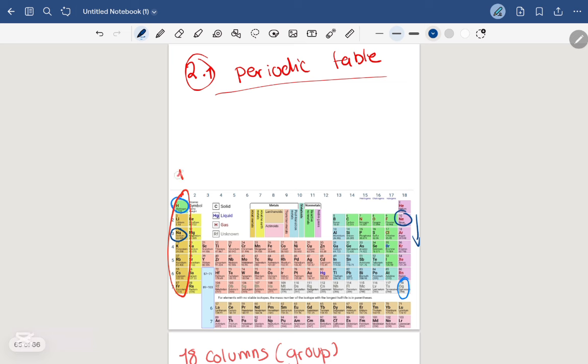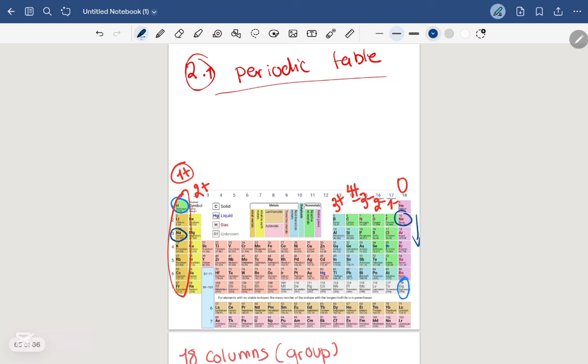The first group has a charge of 1 plus. The second group has a charge of 2 plus. The 13th group has a charge of 3 plus. The 14th group has a charge of 4 plus or minus. The 15th group is 3 minus, 16th is 2 minus, 17th is 1 minus, and 18th is 0.